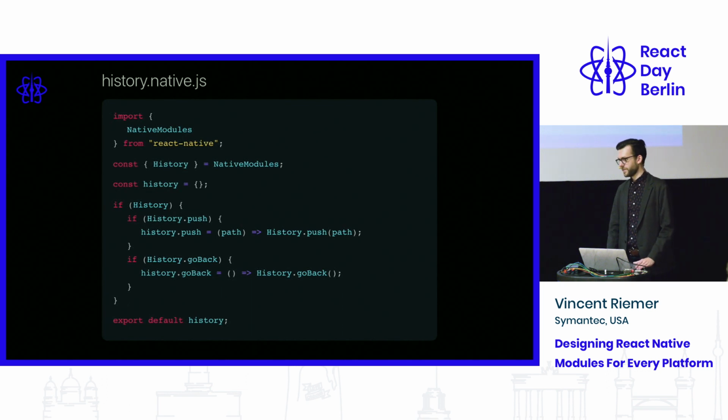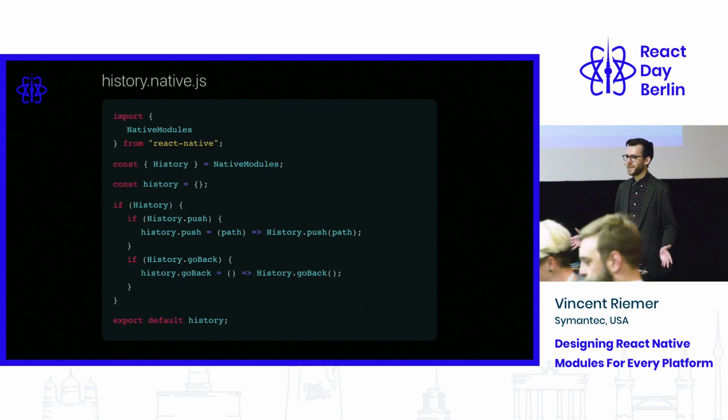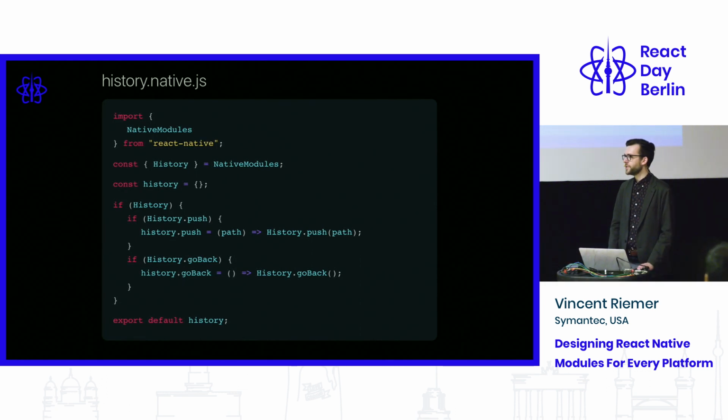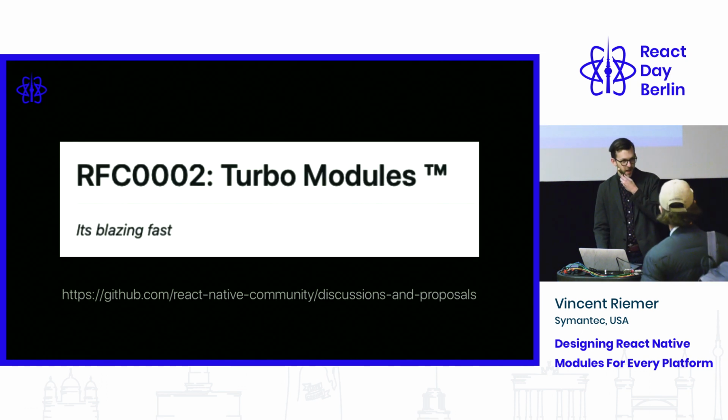Instead of checking what platform you're on, you're just checking, does this module have this function available? It's up to you to figure out how you want to implement it. I think there isn't a best way to do it. It's more that you just be consistent within your module and tell the users what that's like.